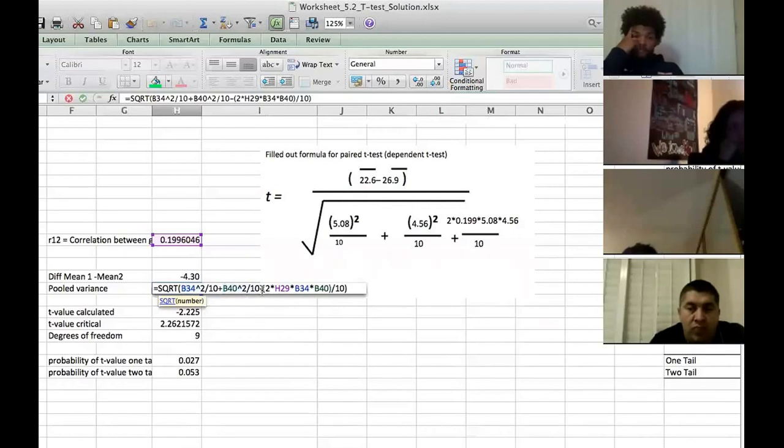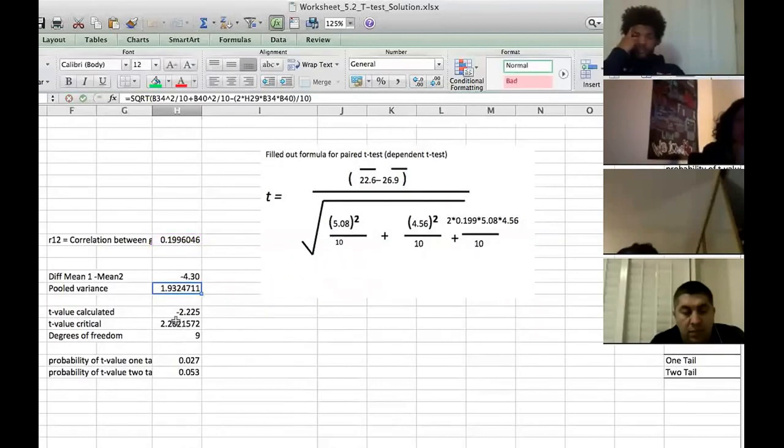And now we subtract this term here: 2 times the correlation times the standard deviation of the pre-test times the standard deviation of the post-test, divided by 10. And to get the t-value, we calculate the top, the mean difference, divided by the pooled variance, this term here on the bottom. Question? Yep.